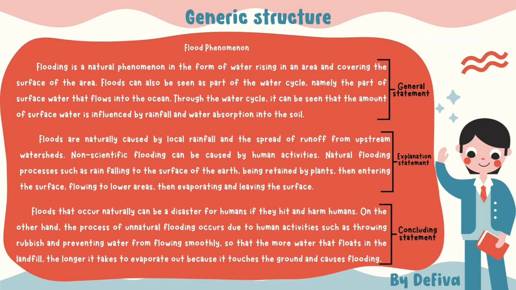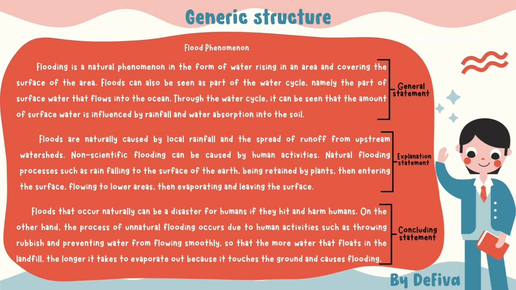Non-natural flooding can be caused by human activities. Natural flooding processes, such as rain falling onto the surface of the earth, being retained by plants, then entering the soil, flowing to lower areas, then evaporating and leaving the surface. Floods that occur naturally can be a disaster for humans if they hit and harm humans.